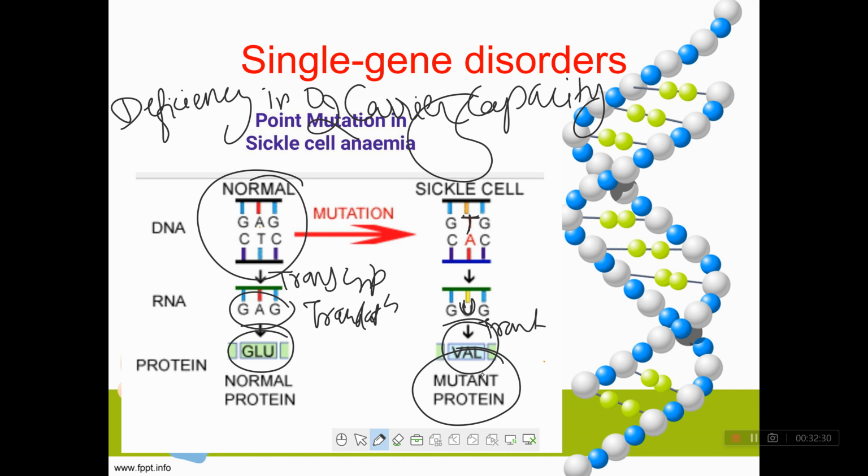So this is the process of the point mutation in sickle cell anemia that causes a single gene disorder.